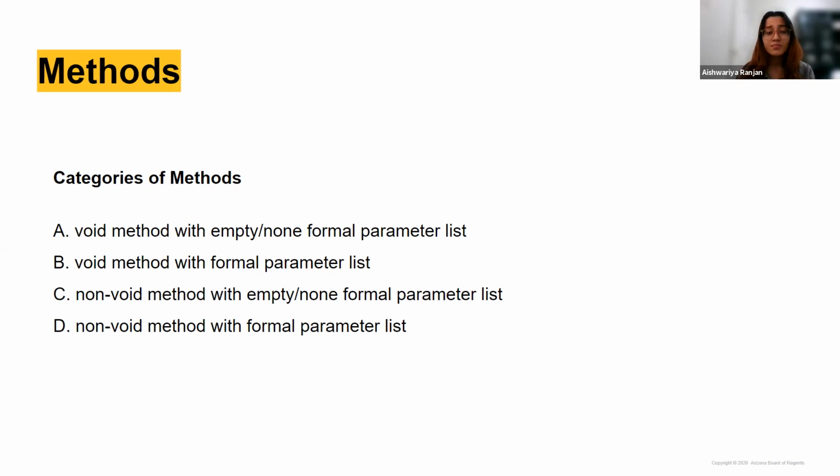It'll be like public static int something, and it needs no input to do whatever it was doing, but it will return something back to you. And you have non-void methods with a formal parameter list, like currentAge. It was non-void, returning an int, and it was taking in 2 input integers to run its functions itself.